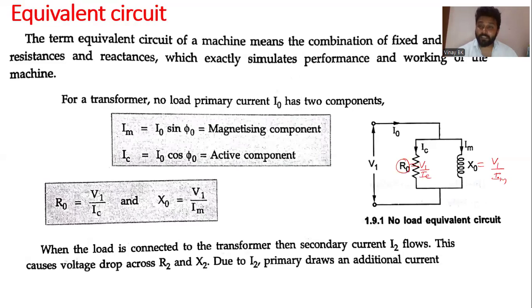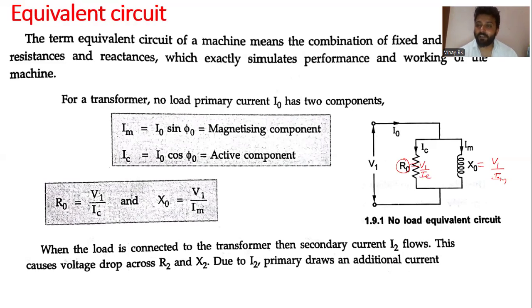So whatever we are saying now is for no load. Suppose there is a load, which means a secondary current starts to flow. That is, I2 starts flowing through the load, and this causes a voltage drop across R2 and X2. The notations I explained in a previous video.